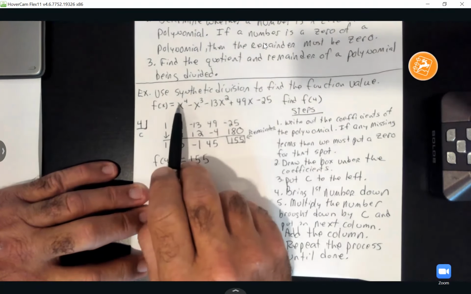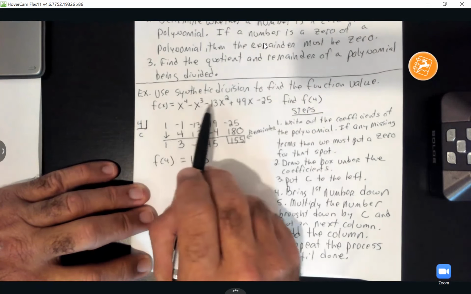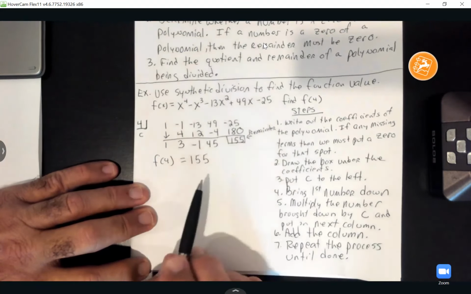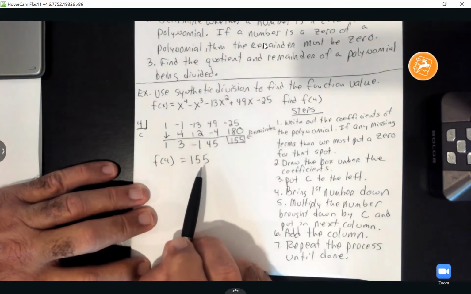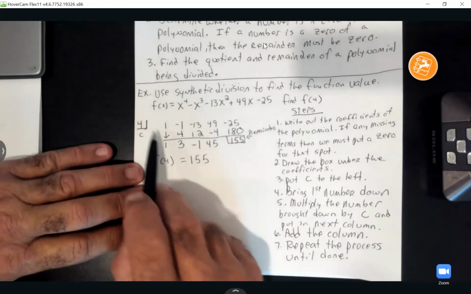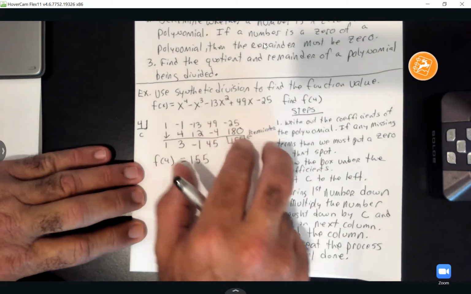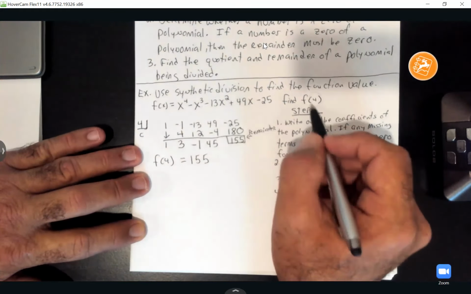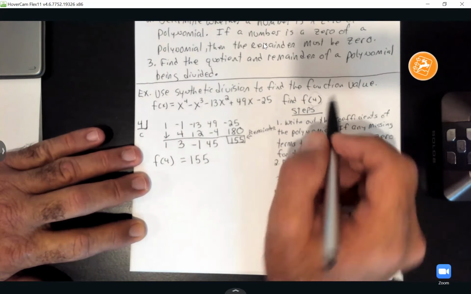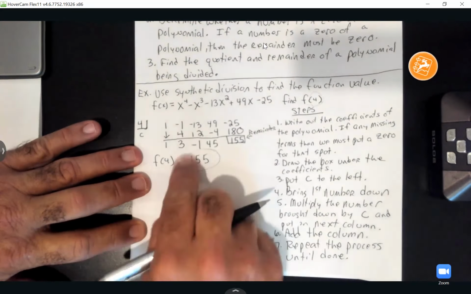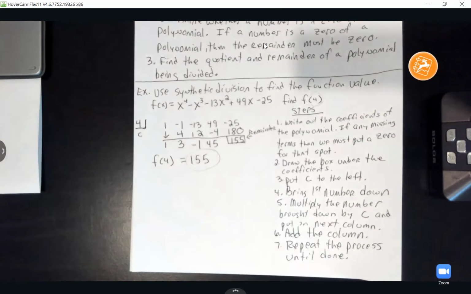Now, if you'd have put a 4 here, 4 here, 4 here, 4 here on your calculator, guess what? It would have given you 155. So y'all, that's what this is. This is synthetic division, and all we use are the coefficients and then the number being evaluated. And remember, the function value is equal to that remainder.